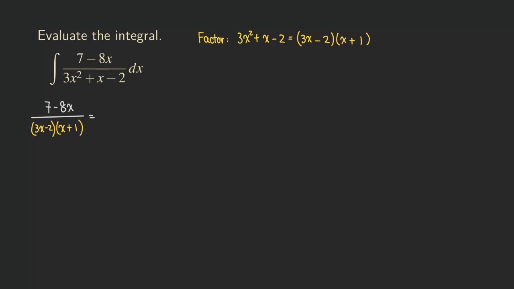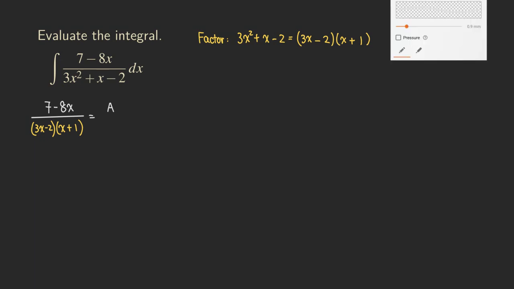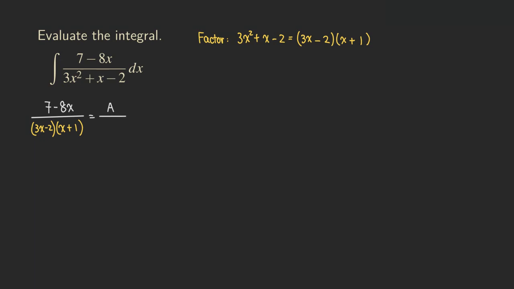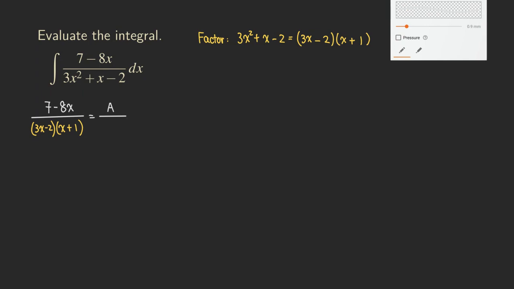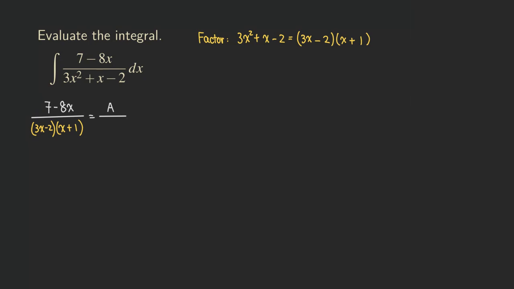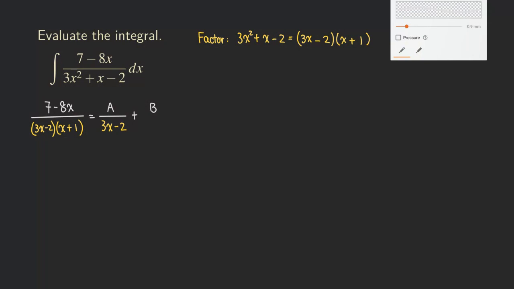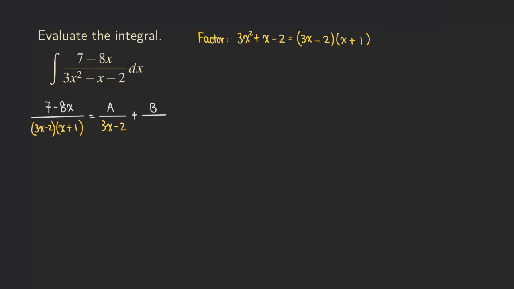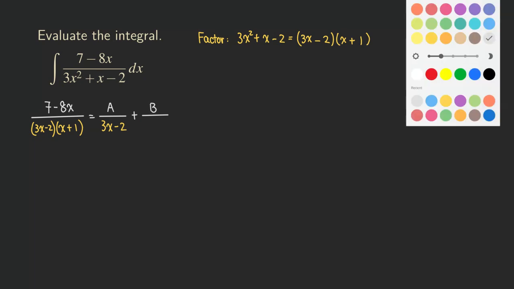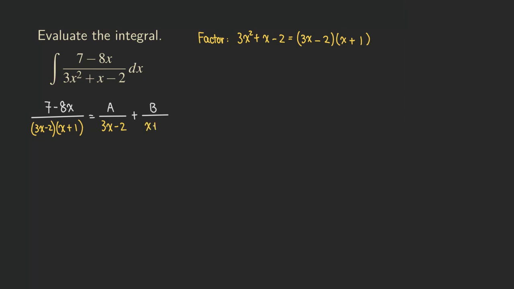We can decompose this into A over 3x minus 2, plus B over x plus 1. The A and the B are just some constants that we don't know yet.